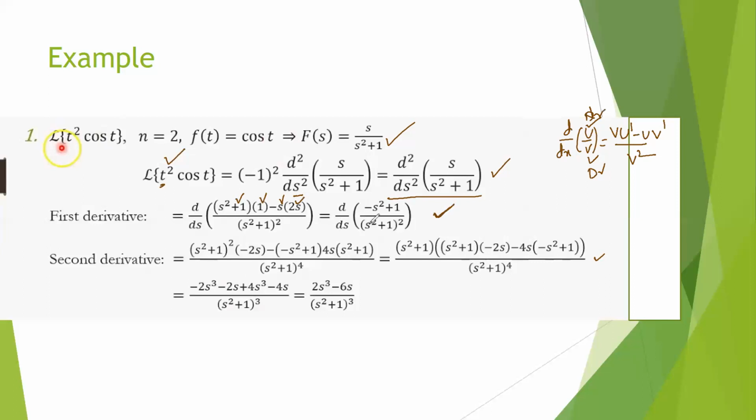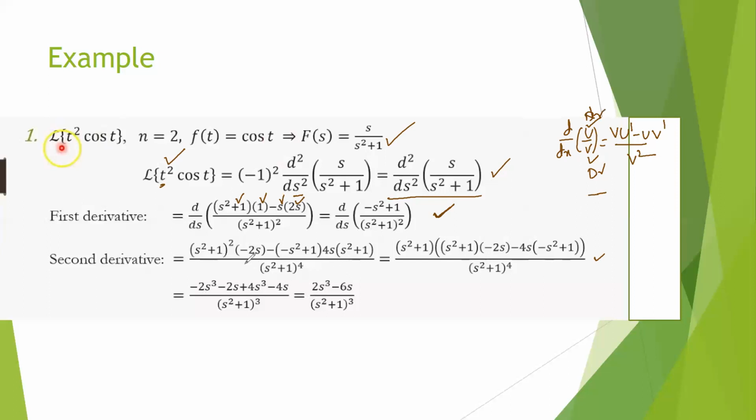Okay. Again, we need to differentiate this one more time. Again, we can find these s terms in the numerator part and in the denominator part. So therefore, for differentiation of this minus s square plus 1, divided by s square plus 1 whole square is done by using the same u by v formula.